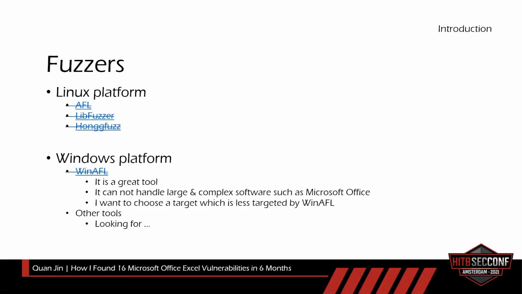Over the past 3 years, hundreds of bugs on Windows platform were found by WinAFL, which means there is basically no chance to find more bugs through it. Some researchers make some improvements on WinAFL and find more bugs based on their custom WinAFL. From my perspective, I want to choose a target which is less targeted by WinAFL, and I am familiar with this target.